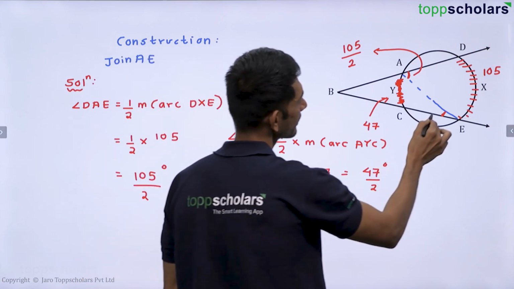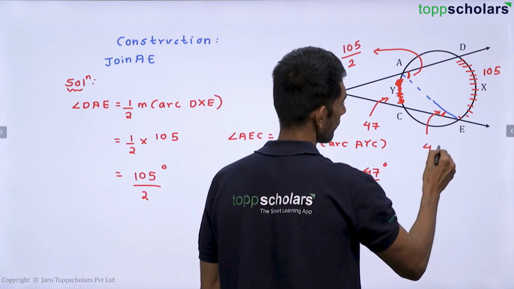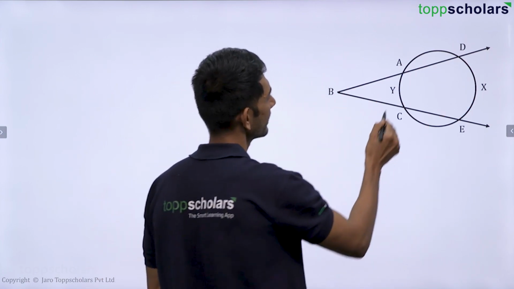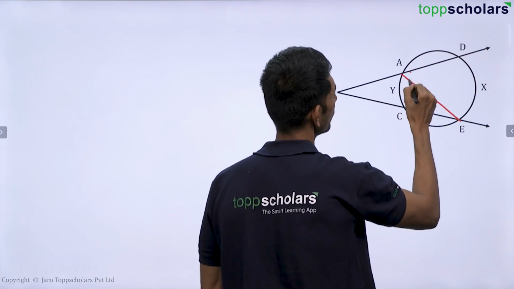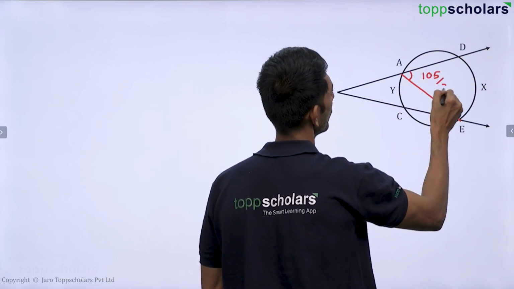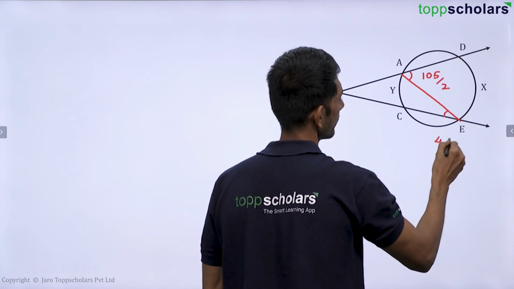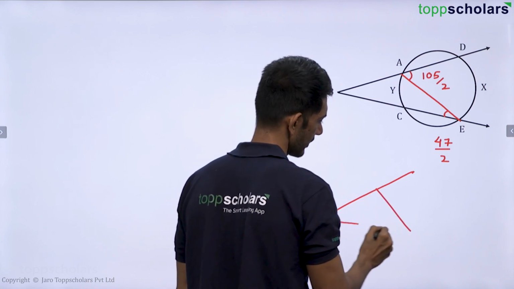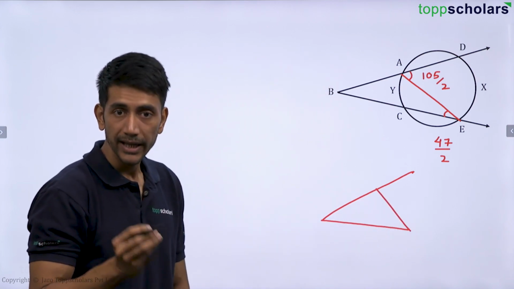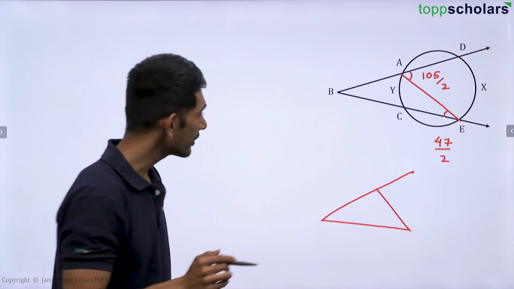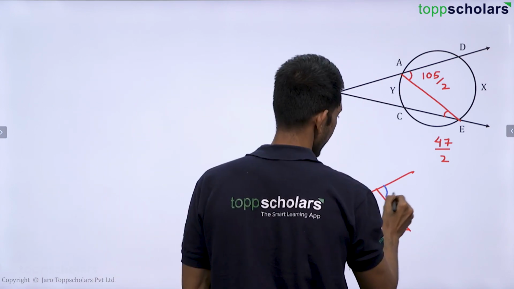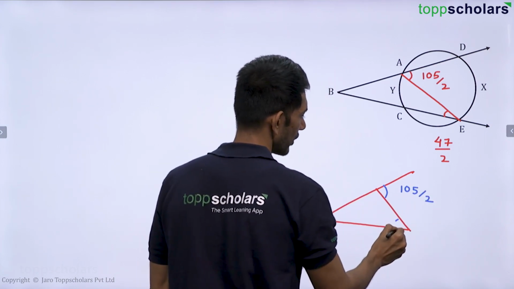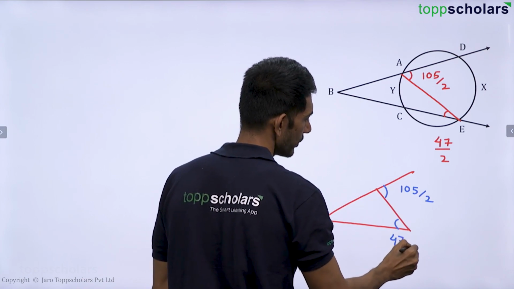So this angle is 47 by 2 degrees, right? Now understand. This is 105 by 2 and this is 47 by 2. Now we know that by exterior angle theorem, exterior angle of a triangle is equal to sum of its remote interior angles. This is the exterior angle, that is 105 by 2, and this is one of the remote interior angles, that is 47 by 2.